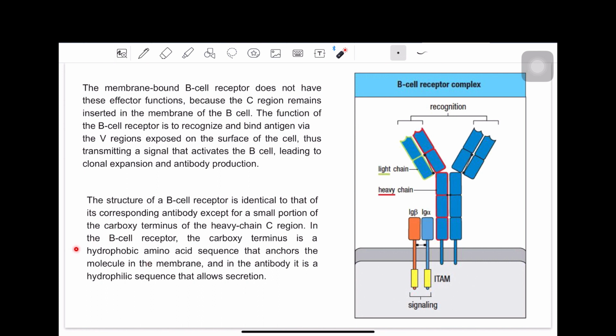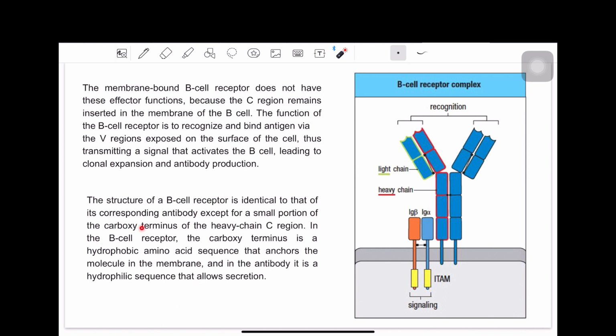Since it is hydrophobic, it will go inside the hydrophobic cell membrane, so it helps to anchor the molecule in the membrane. In the antibody, the carboxy terminus of the heavy chain is a hydrophilic sequence, which allows the antibody to be secreted and not bound to the membrane.